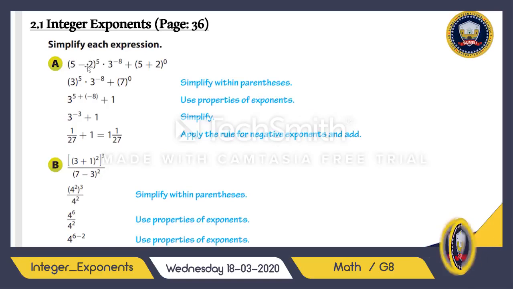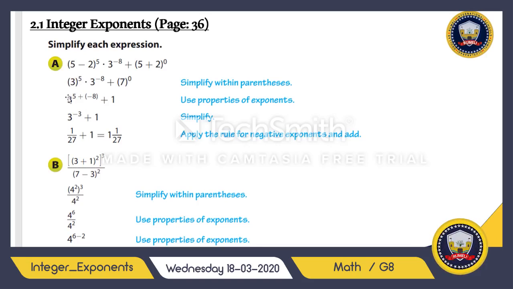So what I'm going to do is to simplify this first. 5 minus 2 is 3, so this is 3 to the power of 5 times 3 to the power of minus 8. And again, I'm not going to distribute. First, I do 5 plus 2, which is 7, so it is 7 to the power of 0. Then, 7 to the power of 0 is 1. Here, 3 to the power of 5 times 3 to the power of minus 8. I have the same base, that is 3, so I can add the two powers.